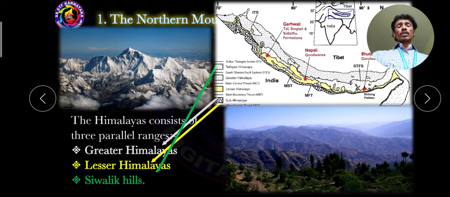So dear students, the northern mountains consist of Himalayas. These Himalayas consist of three parallel ranges, which means equal ranges.